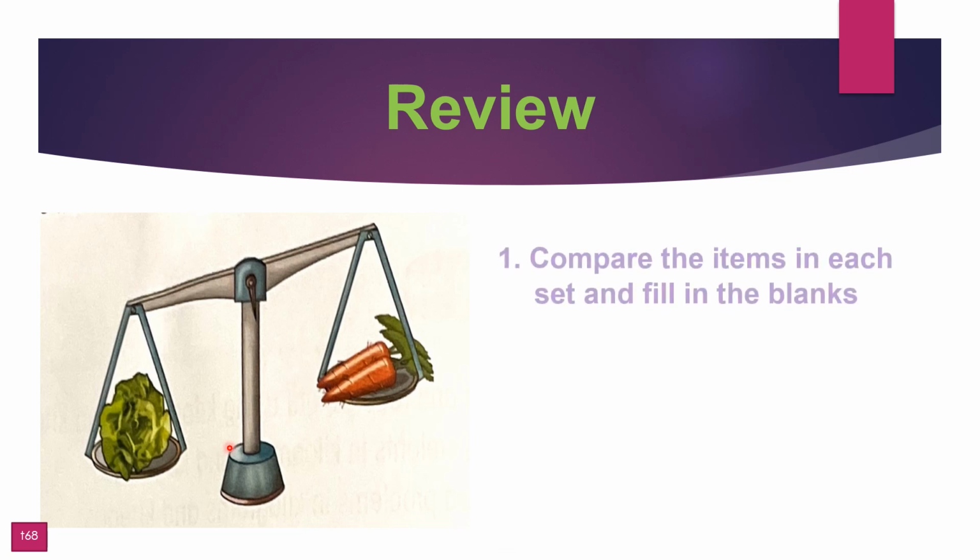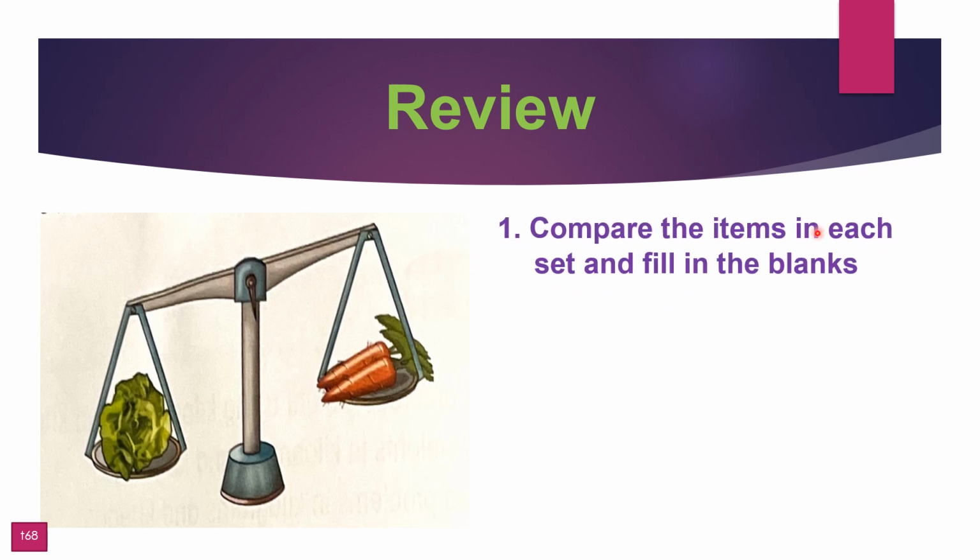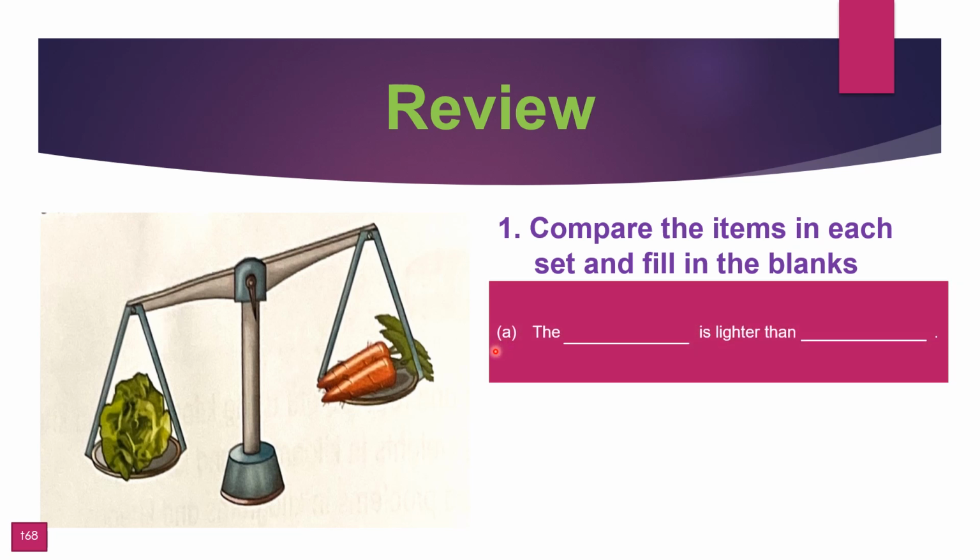Okay, next, compare the items in each set and fill in the blanks. We have here letter A: the blank is lighter than blank. So which is lighter, a carrot or a cabbage? What is the answer?